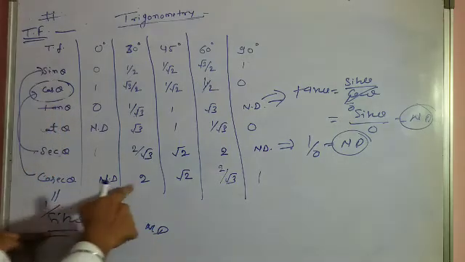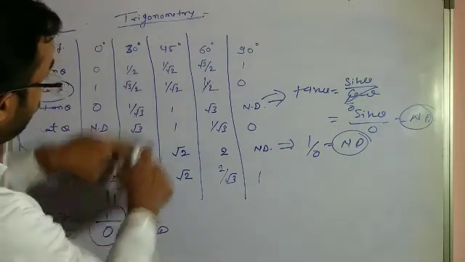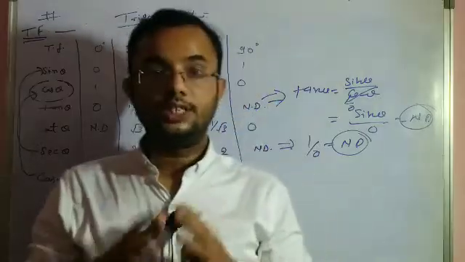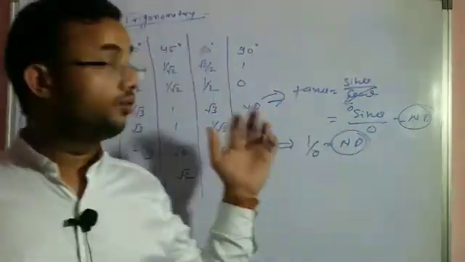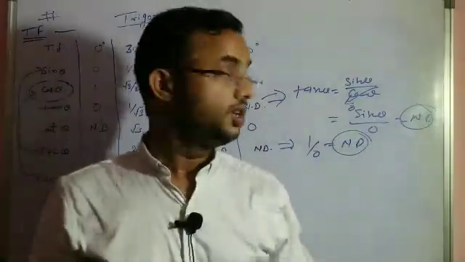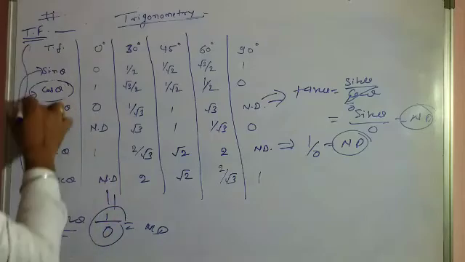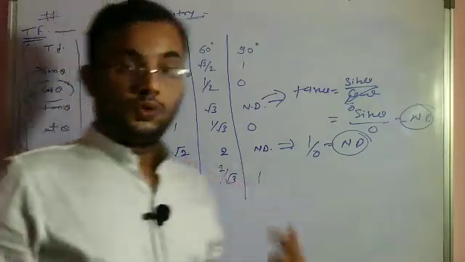Then 2, root 2, 2 upon root 3, and 1. So these values are very useful for calculation purposes. So we learn these values from this table. Thank you.